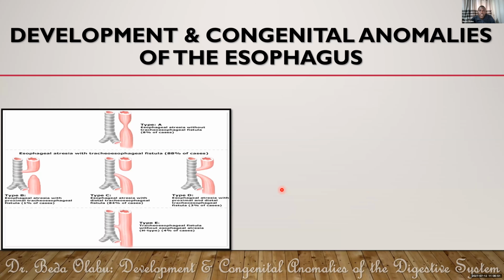So we've said that the esophagus arises from the foregut, but we've also said that the foregut gives rise to the respiratory tree. Usually, as development continues, the two systems will have to be separated by a septum.